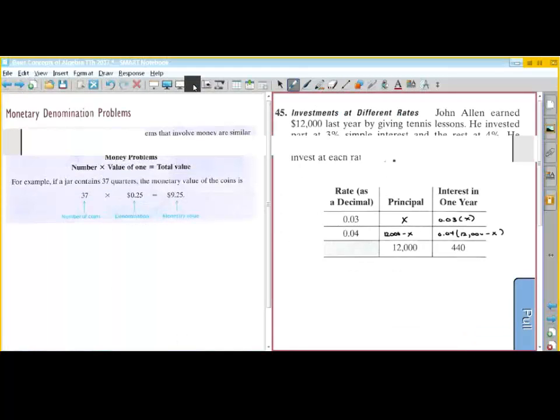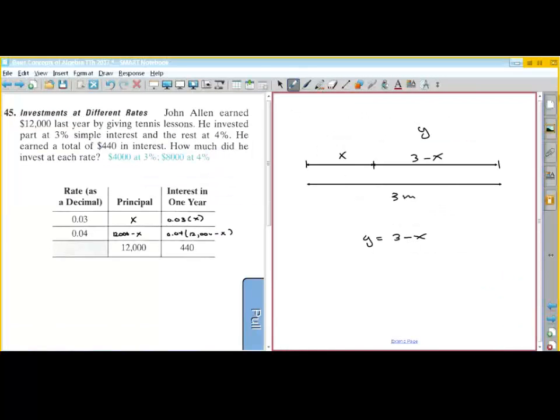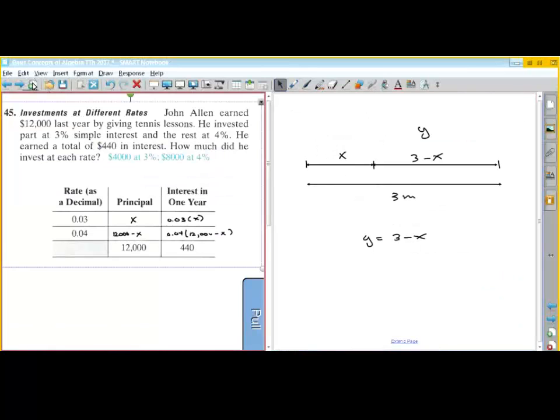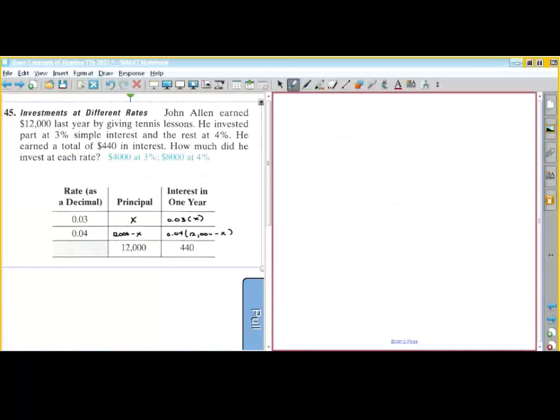So our final equation results from just adding the numbers in the third column. So you get 0.03 times X plus 0.04 times (12,000 minus X) equals 440.